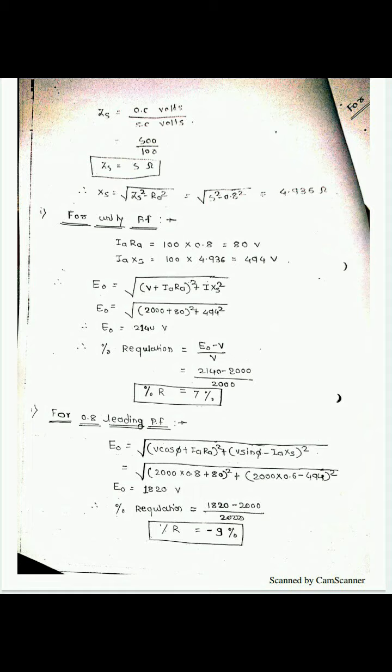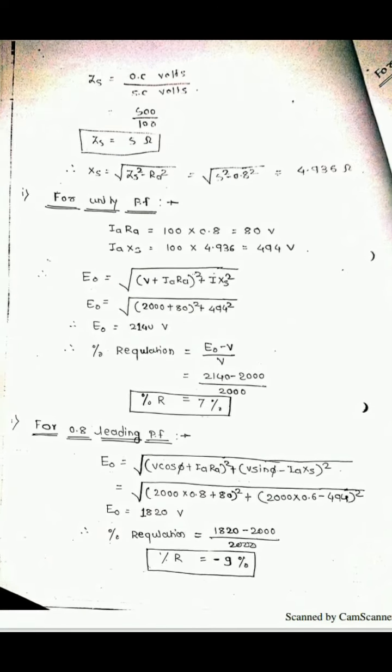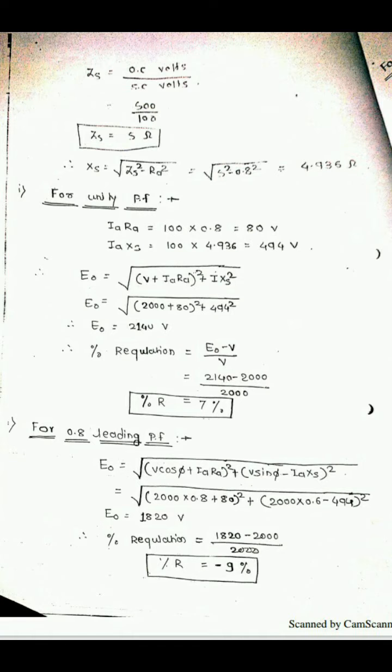First step, find the value of Zs. For finding Zs, we have the open circuit voltage divided by the short circuit current. The open circuit voltage is 500 volt, divided by the short circuit current of 100 ampere. So it will give you Zs equal to 5 ohm.